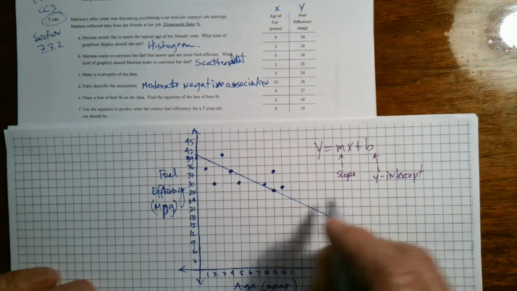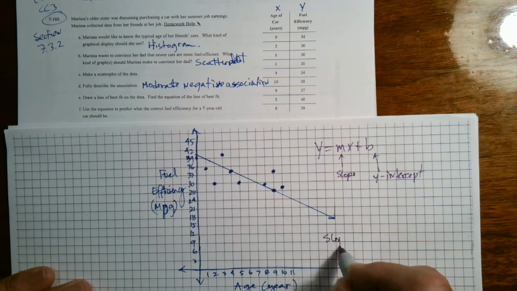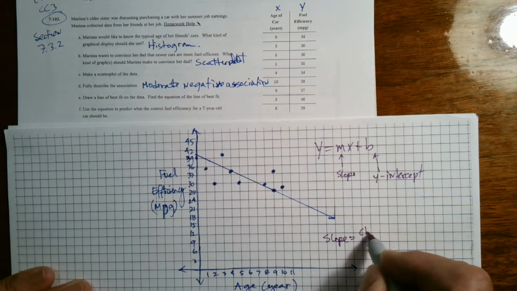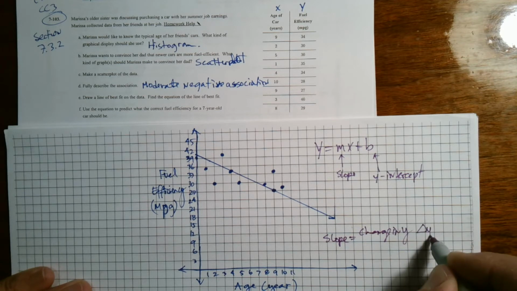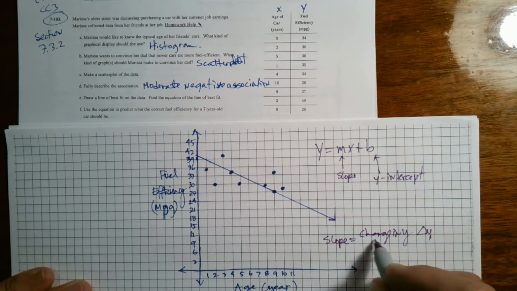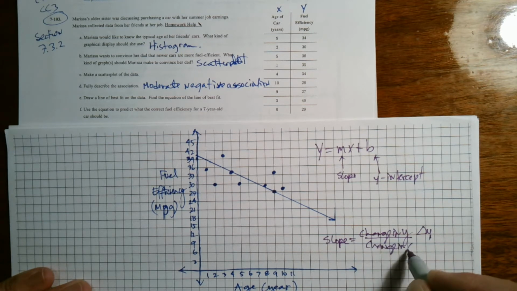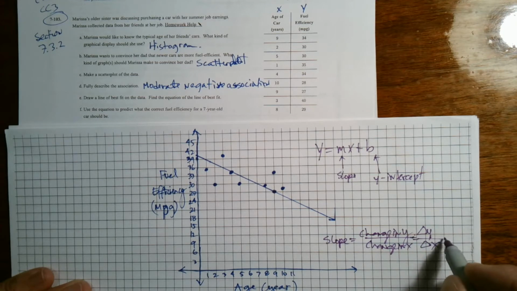Remember, slope is that change in Y, and I use delta Y as an abbreviation, over change in X, and I would use delta X for that, right? So change in Y, change in X. That's what I need to do.